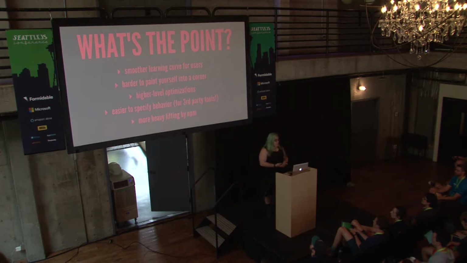It's easier to specify the behavior of each step, meaning third-party tools will be able to write things that inject themselves into various stages. If you do need those kinds of escape hatches, it's going to be easier to do them. And then finally, NPM can do more heavy lifting for you. This kind of goes back to UX, where you've got NPM doing more things without you needing to do configuration. It's just going to do the right thing for you.